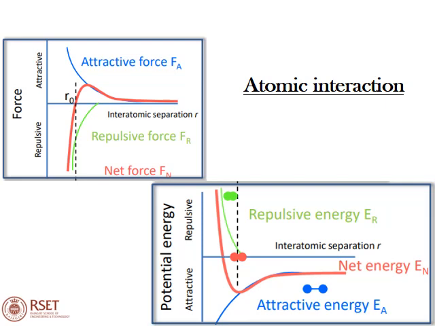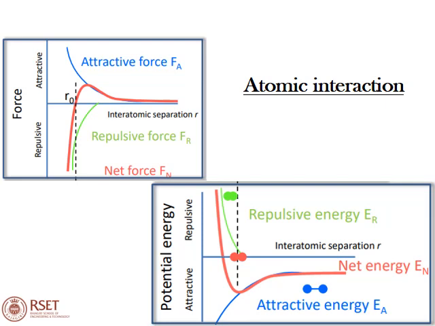When two atoms are together or separated by only a small distance, the positively charged nucleus will be attracted by the negatively charged electrons in the second atom, and similarly the other way. At a particular point, the positive nucleus of one atom and the positive nucleus of the second atom start to repel. So there is a repulsive force as well.